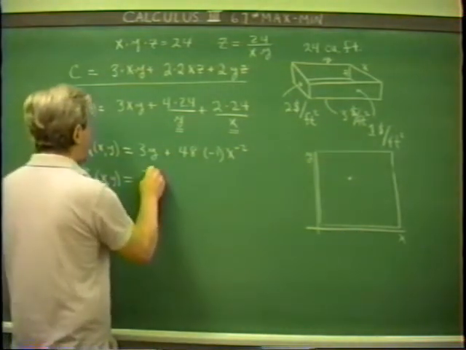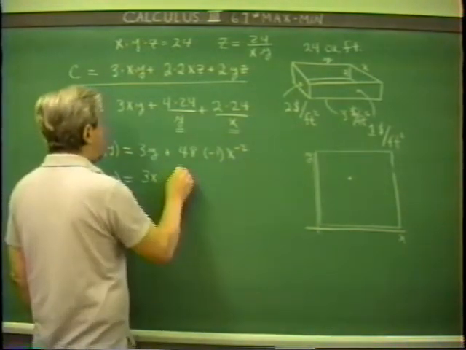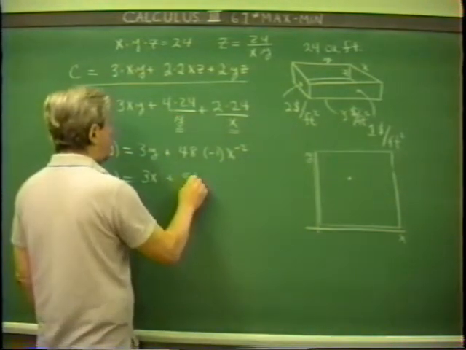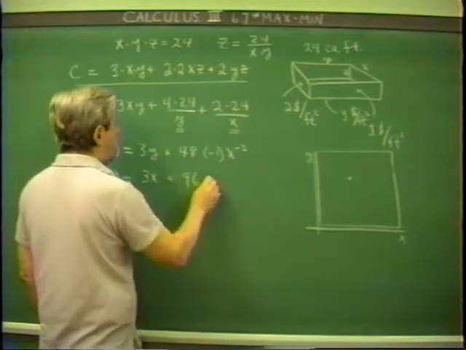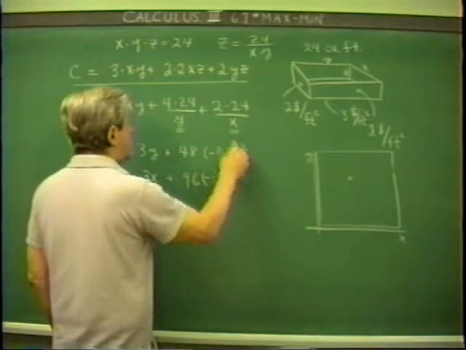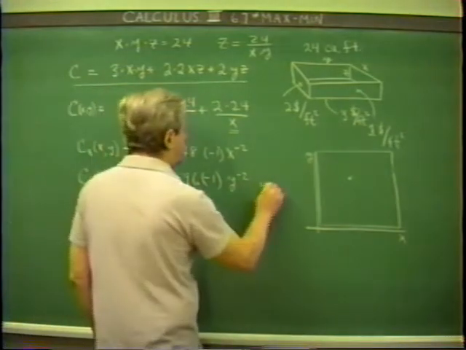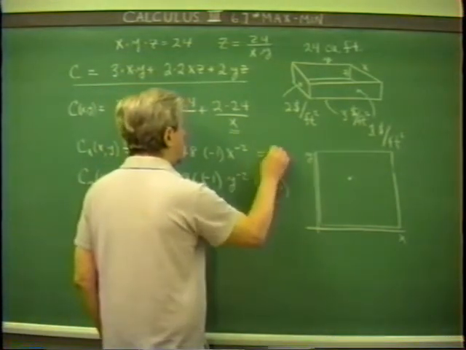Partial with respect to y, at each point x and y, is going to be equal to 3x plus 96 here. This is y to the minus 1, so it's going to be minus 1, y to the minus 2. The partial is 0 for 48 over x.